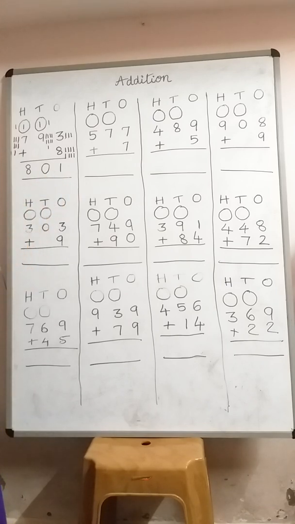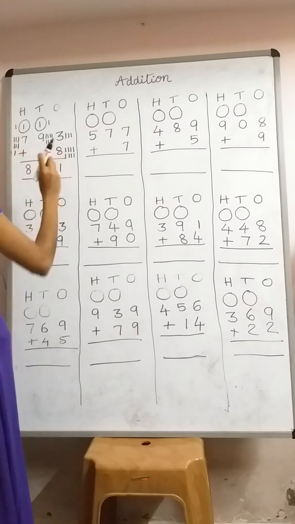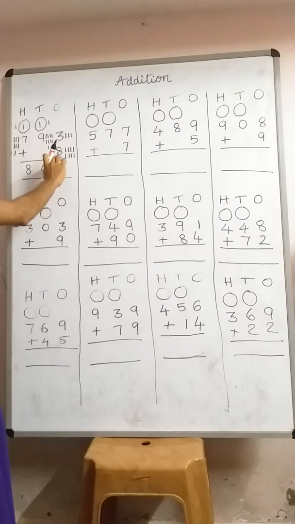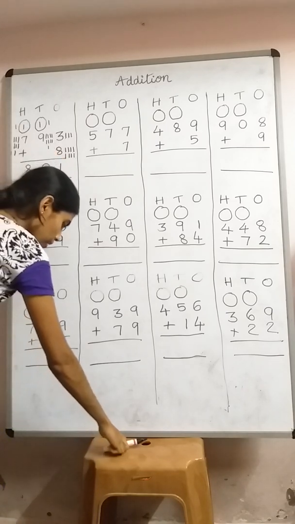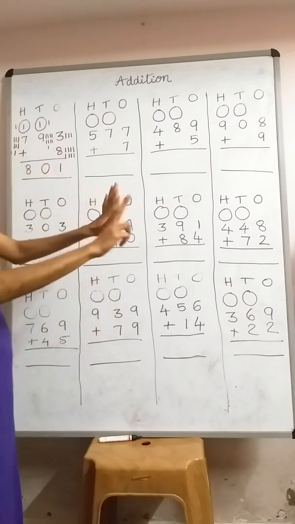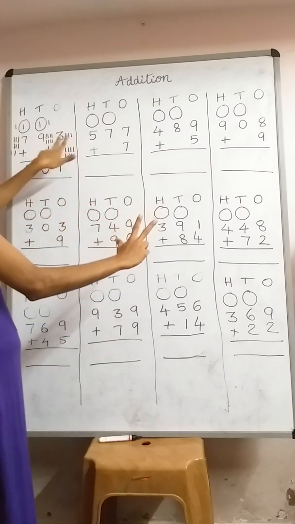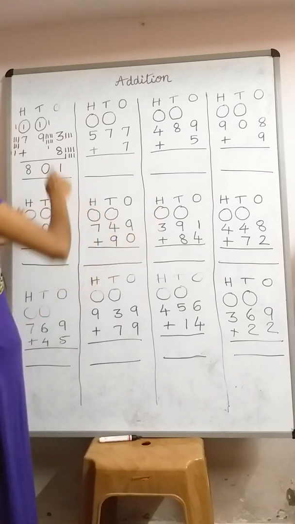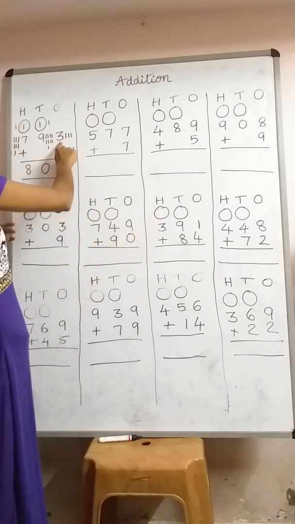We got 801. Children, please try using your fingers. Let's use our fingers and check whether this addition is correct. So what we'll do? We'll take 8 fingers. Then after 3 you need to continue with the number 4. Always remember, do not open your 3 fingers.